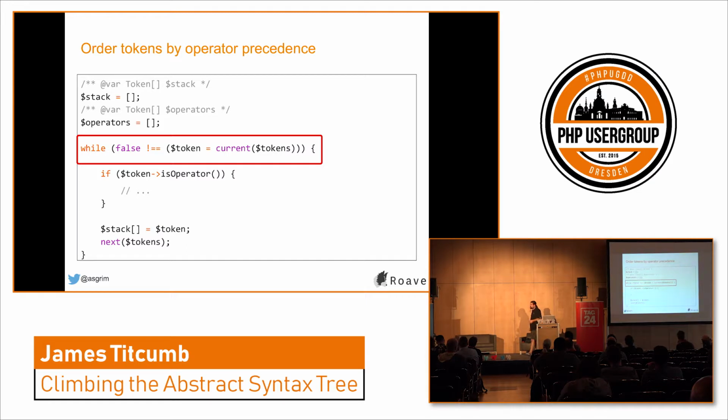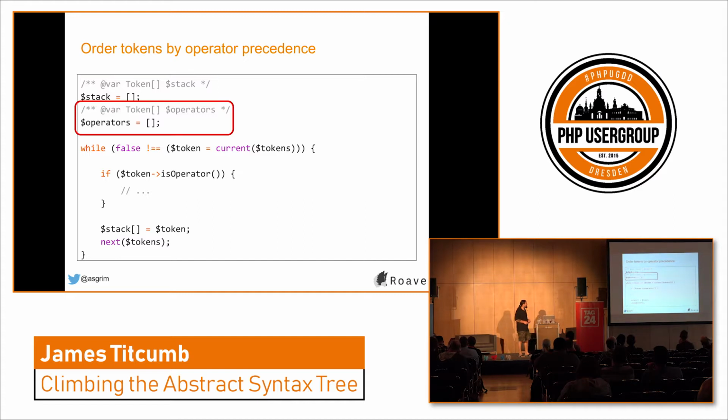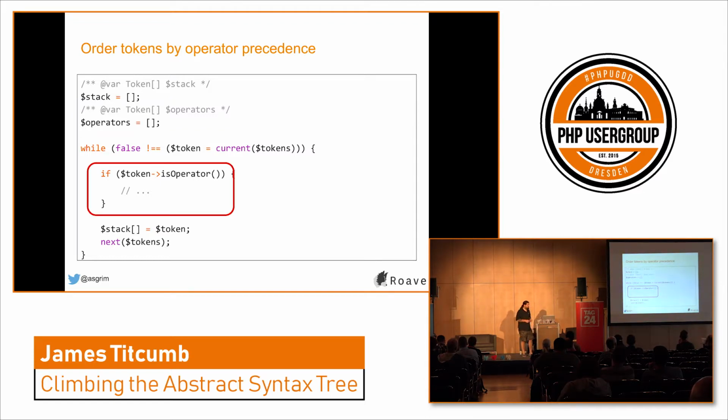Okay, so first up, we need to order the tokens by order of precedence. So we're going to loop over the tokens that we've done using two stacks. An output stack and an operator stack, which is kind of temporarily used whilst we're doing this process. Everything should end up on the output stack, as the name suggests.